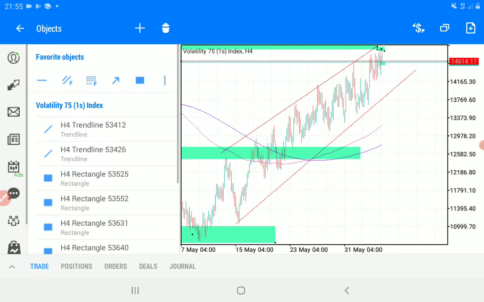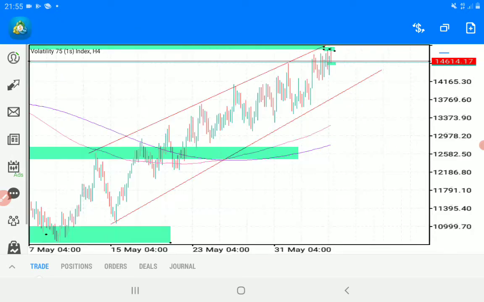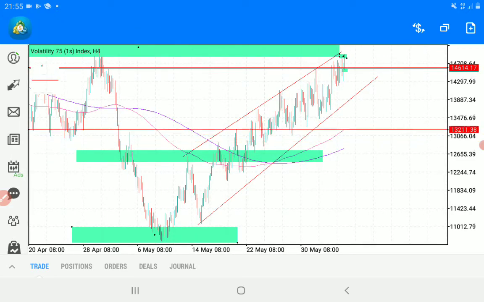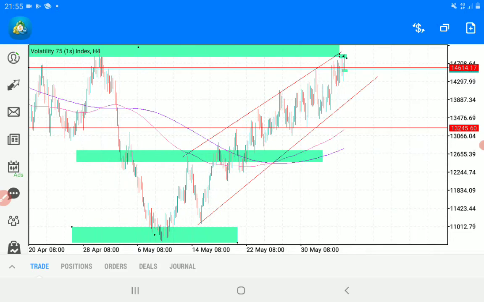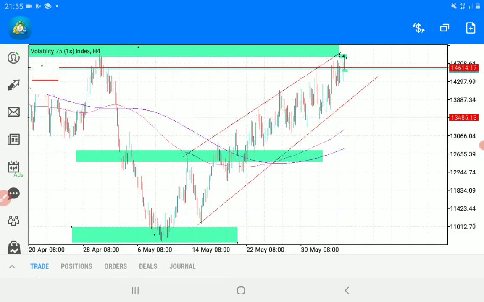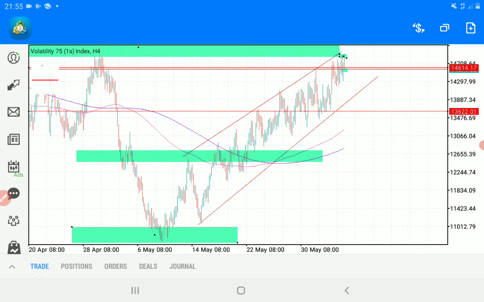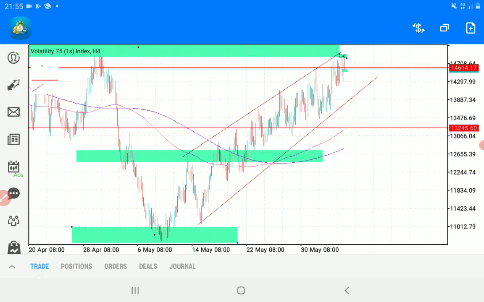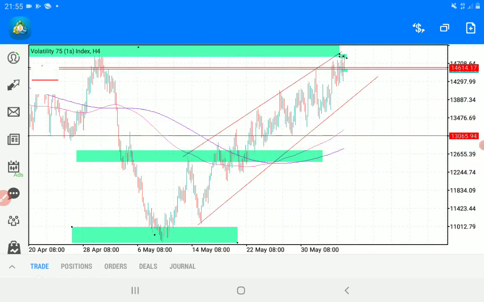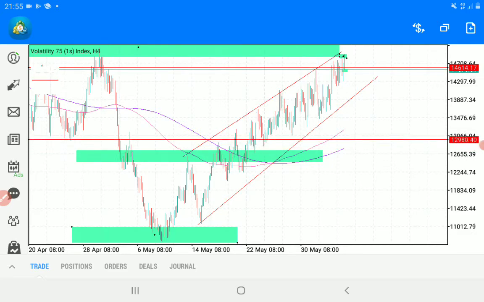Maybe it was somewhere around here. You know it's going on an uptrend, right? So since it's an uptrend, that means I have to look for buying opportunities. So whenever it's selling, I'm not going to enter. I will only enter when it buys, right?